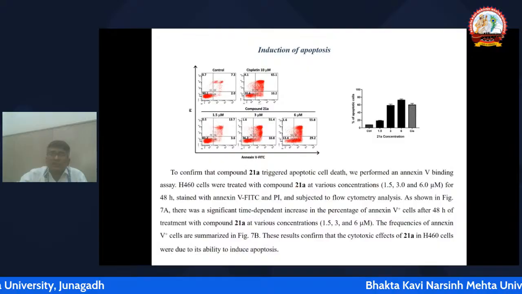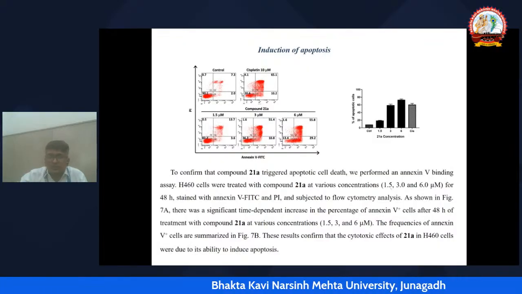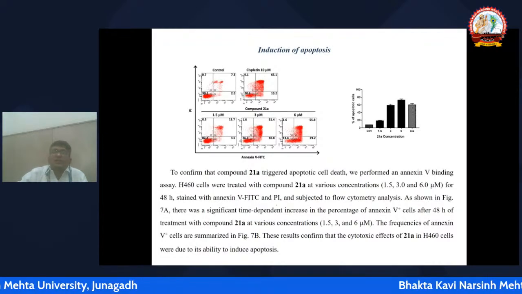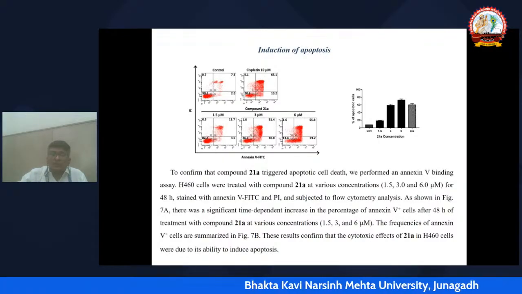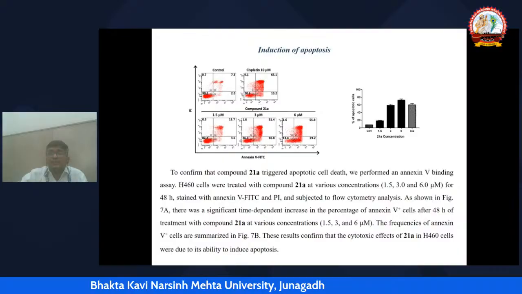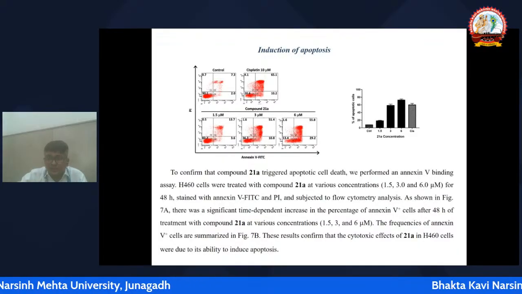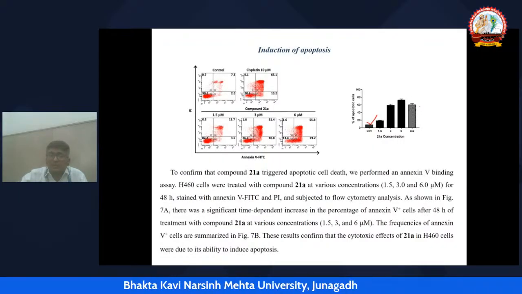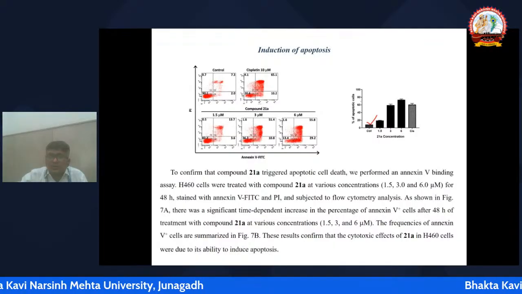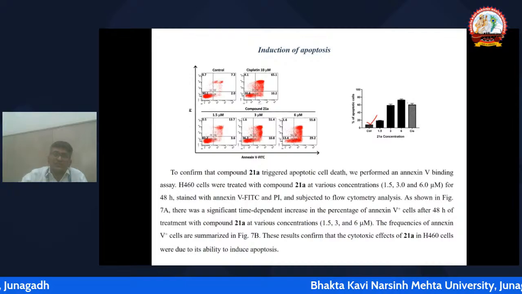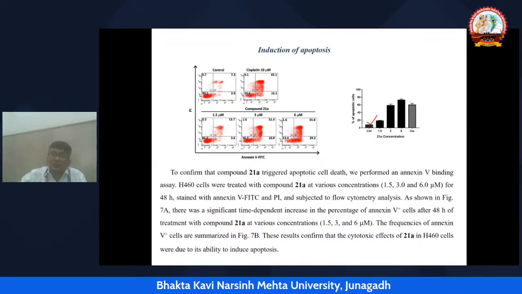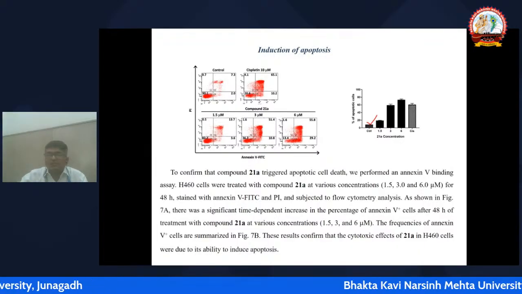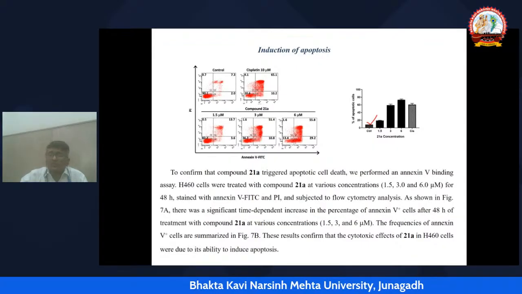Compound 21A was treated at three concentrations, 1.5, 3.0 and 6 micromolar, for 48 hours, and as shown in the figure, there is a significant dose dependent increase in the percentage of annexin V positive cells. At 6 micromolar concentration it is 80% apoptotic cells, which is more than the standard drug cisplatin in H460 cells. So it induced apoptosis.